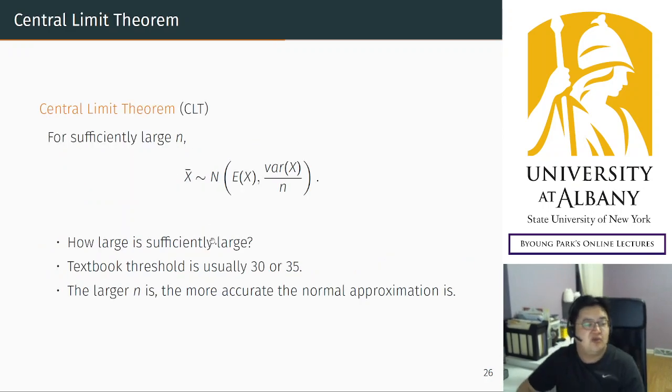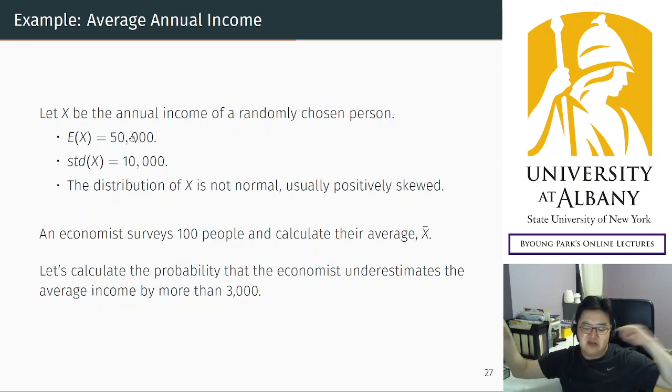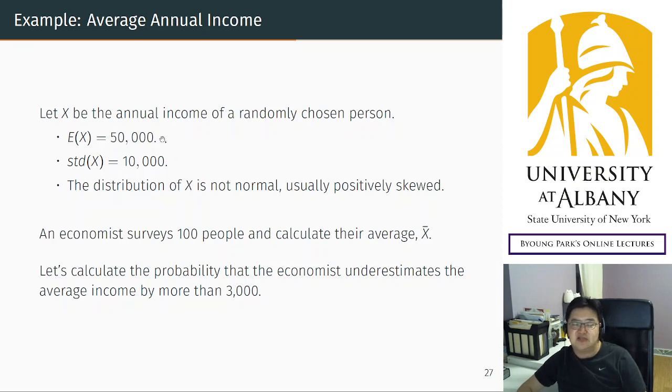And I will show you how to utilize these two. So think about the earlier example. We considered surveying 1,000 people's annual income, and we know that the average income in the United States is $50,000, and the true standard deviation of income in the United States is, say, $10,000.